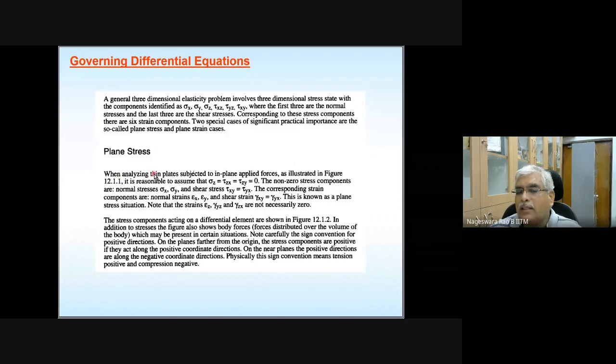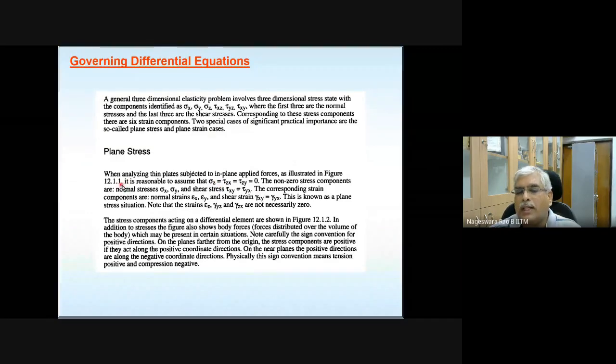When analyzing a thin plate subjected to in-plane applied forces, what is the plane along which these forces are applied? The x and y plane. And what are the stress components in the other direction? One normal component sigma z, and two shear components, tau zx and tau zy. These are almost negligible, so we can ignore them.